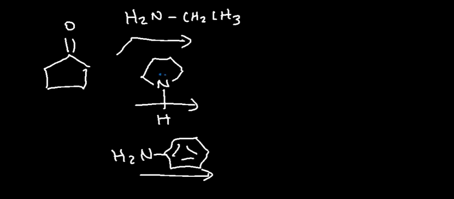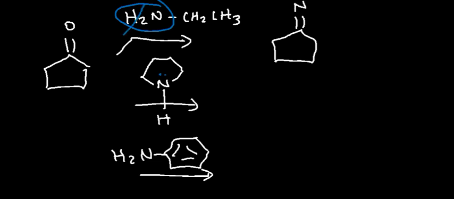Okay, so looking at the first example, we have a nitrogen that has 2 hydrogens, so we're going to get the imine instead of the enamine. So what you want to do is redraw the 5 carbon ring, and then replace the oxygen with a nitrogen. So take away the H2, and then add the R group that's attached to the nitrogen. So it's CH2CH3. And whenever nitrogen has 3 bonds, it has 1 lone pair. So that's the product for that reaction.